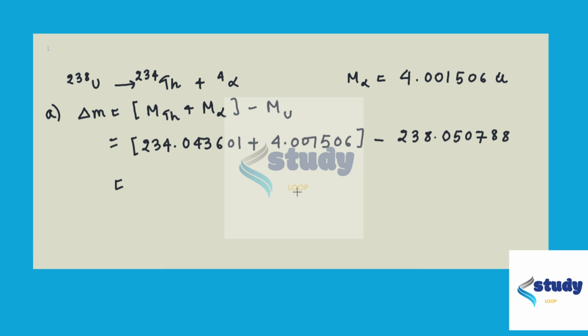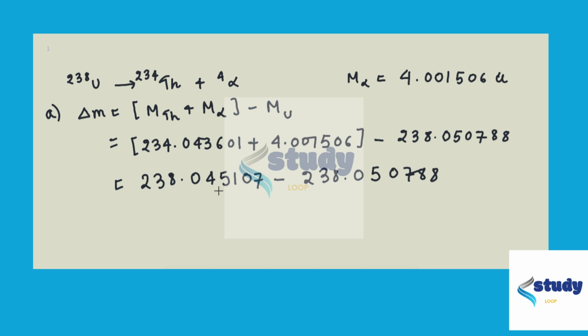So it's 234.043601 plus 4.001506. That is 238.045107, and what you have on the left was 238.050788.